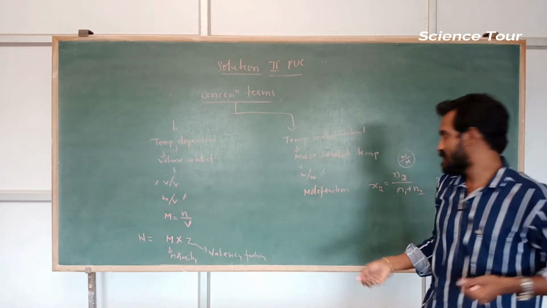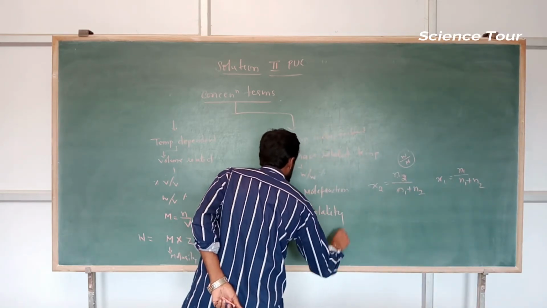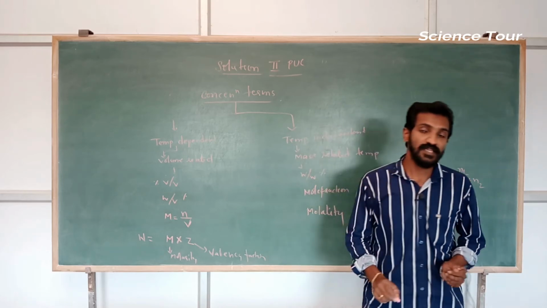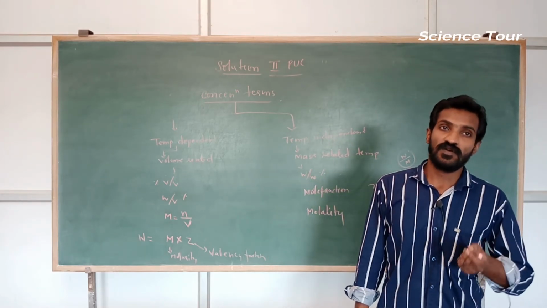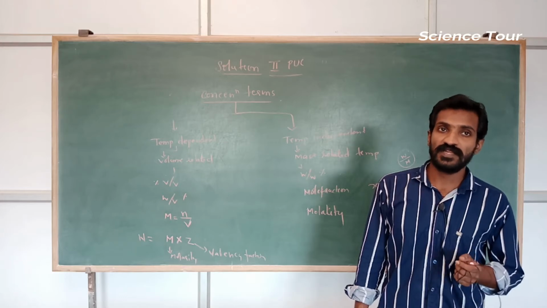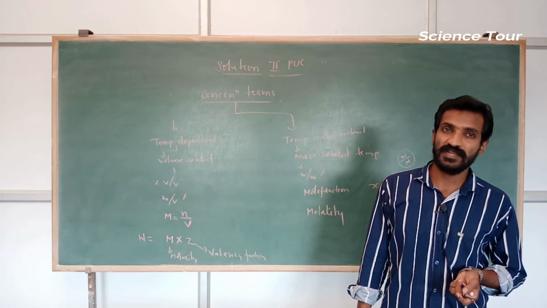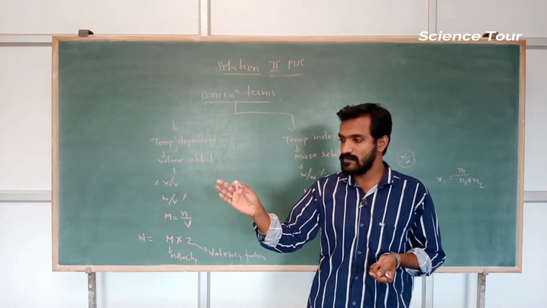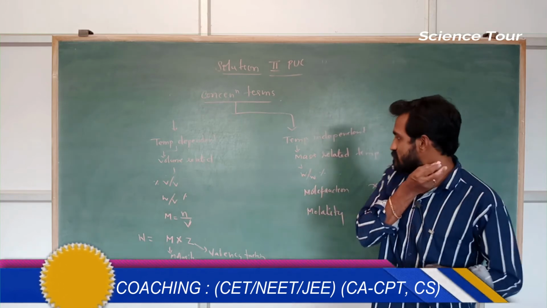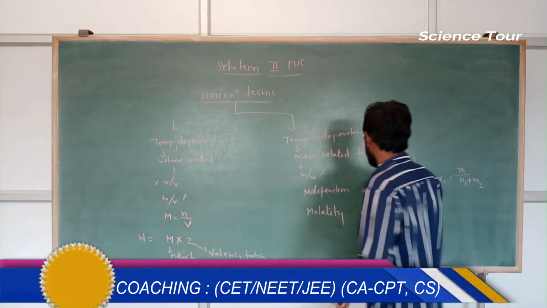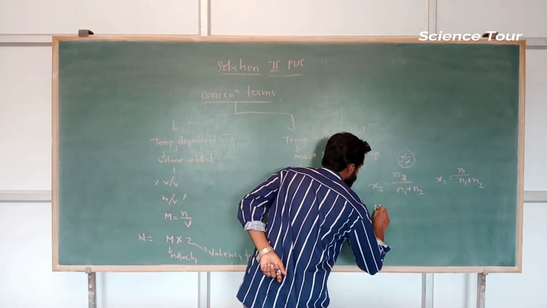And molality. My dear students, what do you mean by molality? Molality is nothing but the number of moles of solute dissolved in a solvent taken in kg. Correct? Understand? So I will explain the molality formula.